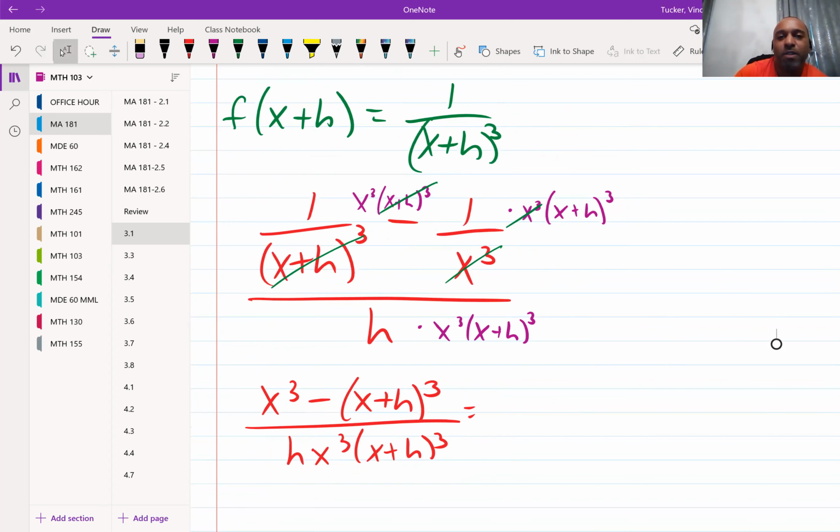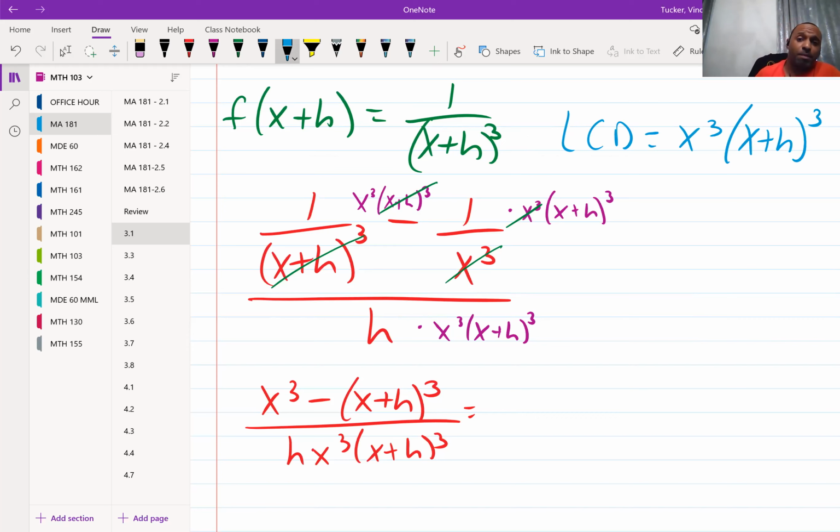And yeah. So like I said, what I did was I wanted to get rid of the fact that I had these denominators. If I were to combine them, I still would have had the same situation. So I just got rid of the denominators by multiplying top and bottom by this LCD of x cubed times x plus h cubed.